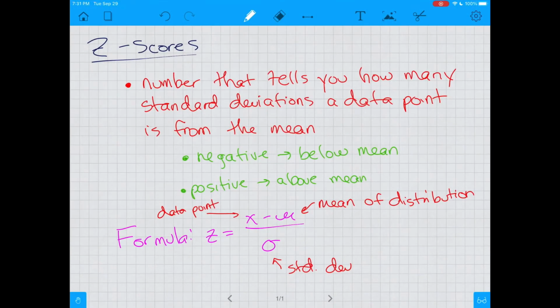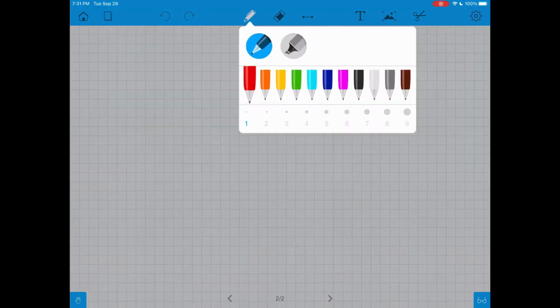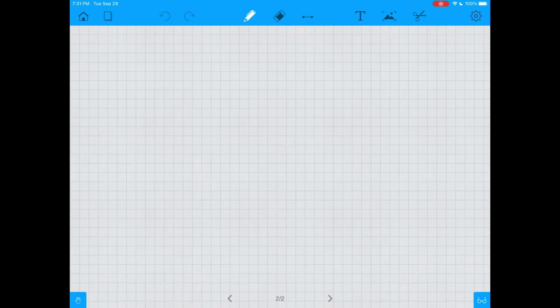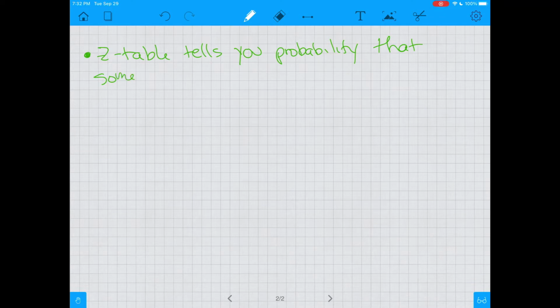So it's important to understand, if we go back to our notes here, right, the Z table tells you the probability that something is less than your data point.